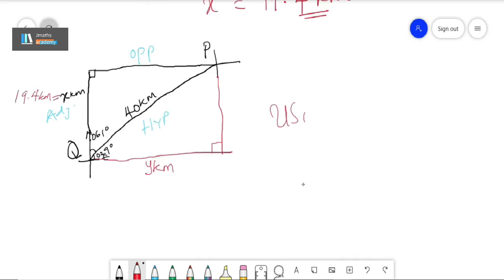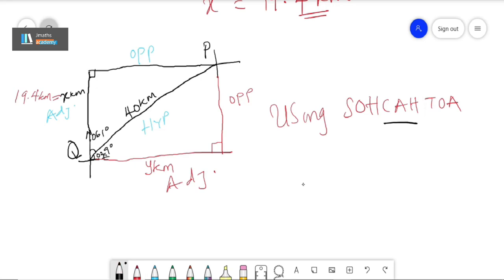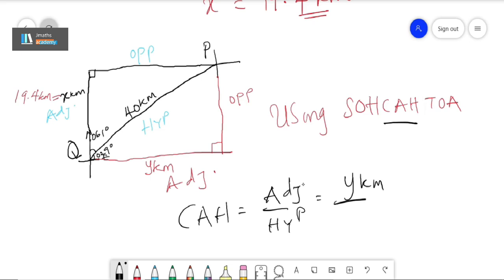So using the SOHCAHTOA rule, we know here to be our hypotenuse, here to be our opposite, and here to be our adjacent. We are going to use CAH, adjacent over hypotenuse, which is y over 40 kilometers.